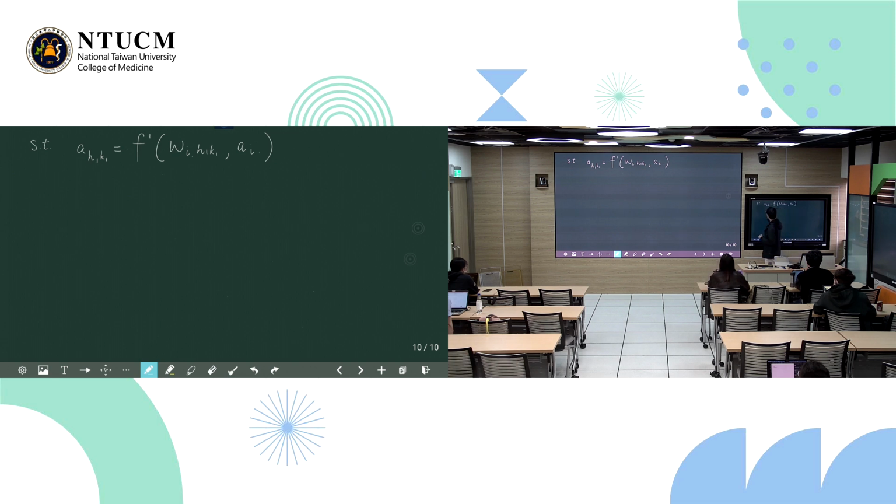And similarly, in hidden layer 2, K2 unit, is going to be some function 2 of H1 all.